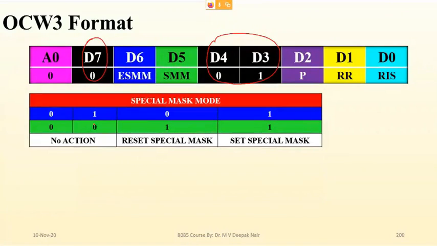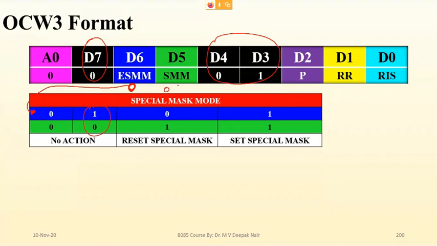Now, the same special mask mode. If ESMM is 0, this is represented by this particular line, so there can be 2 options, 0 and 1. It does not matter, because SMM becomes a don't care.